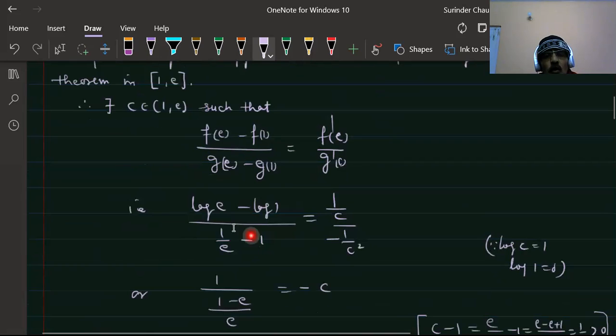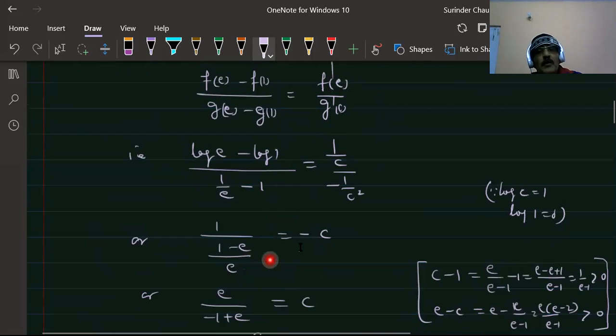So (log e minus log 1) upon (1 upon e minus 1) is equal to (1 upon c) over (minus 1 upon c squared). Now simplify it. After simplification, log 1 is equal to 0, log e is equal to 1, and 1 upon e.